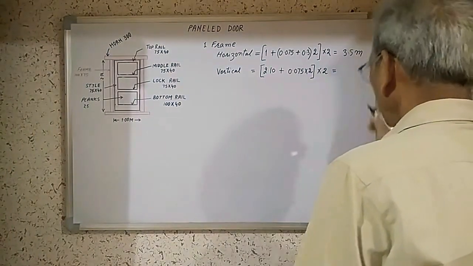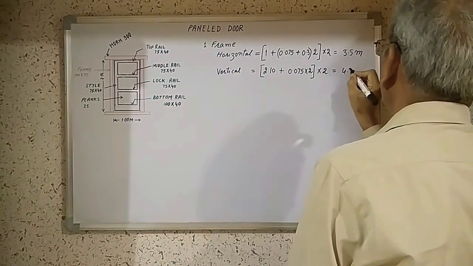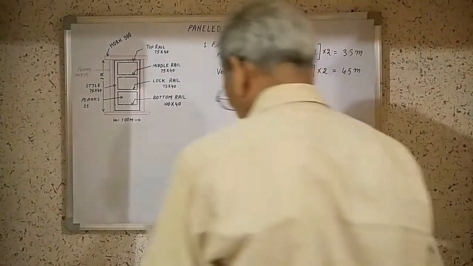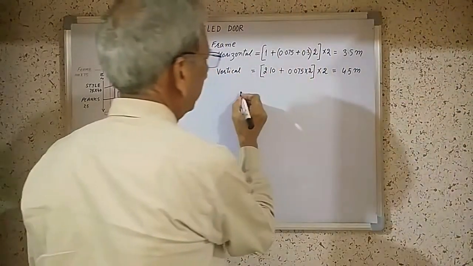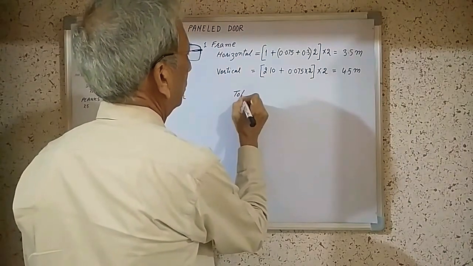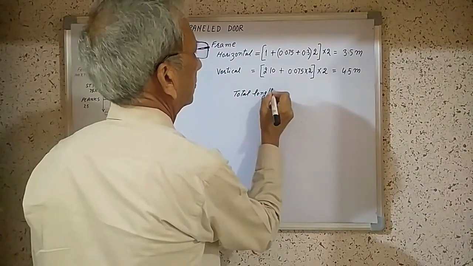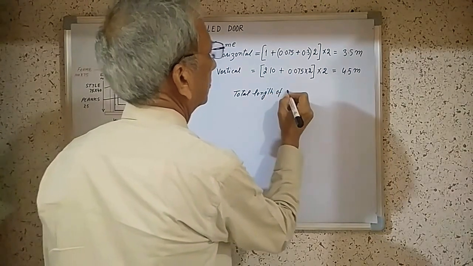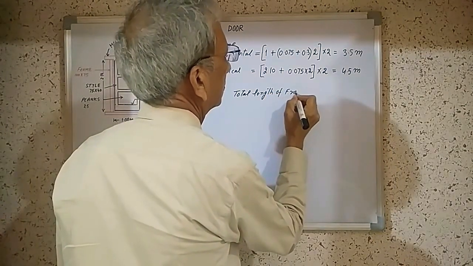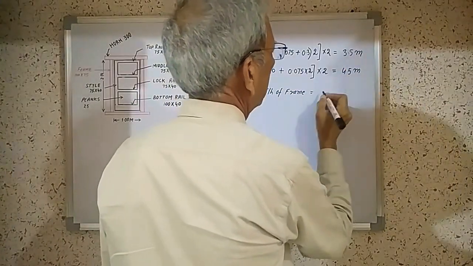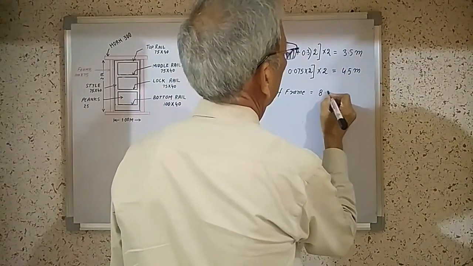Total will be 4.5 meter. Now we have calculated the total length of frame. It will be this plus this, 8 meter.